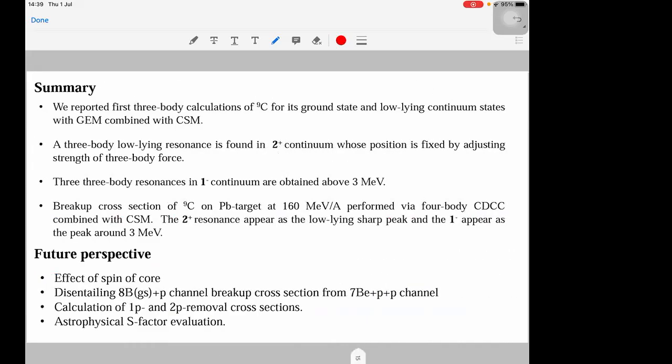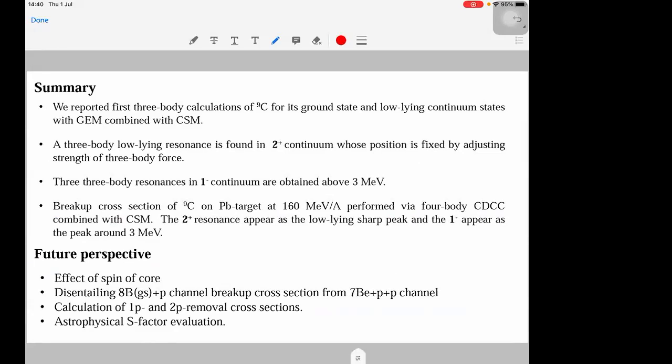So in summary, we reported the first 3-body calculations of 9 carbon for its ground state and low-lying continuum states with the Gaussian expansion method combined with the complex scaling method. A 3-body low-lying resonance is found in the 2+ continuum, whose position is fixed by adjusting the strength of the 3-body force.